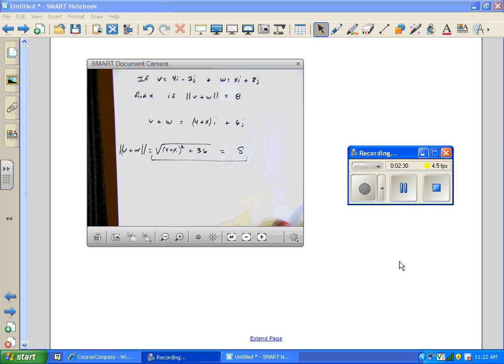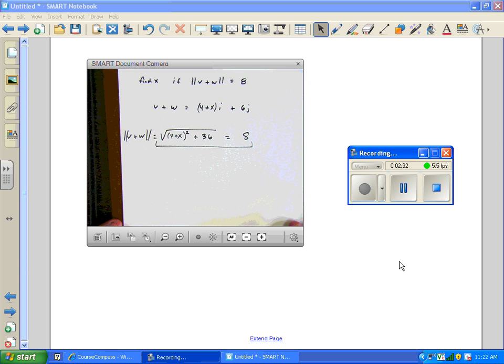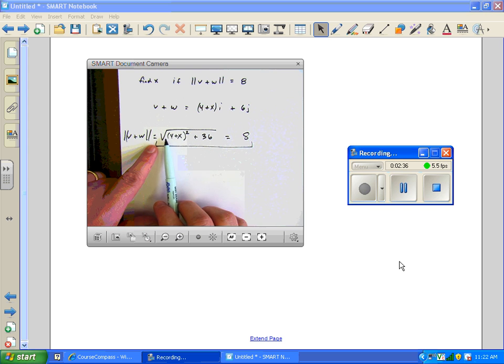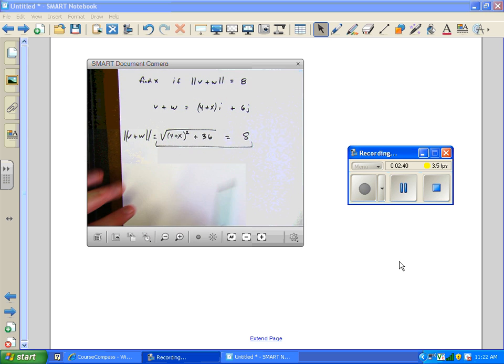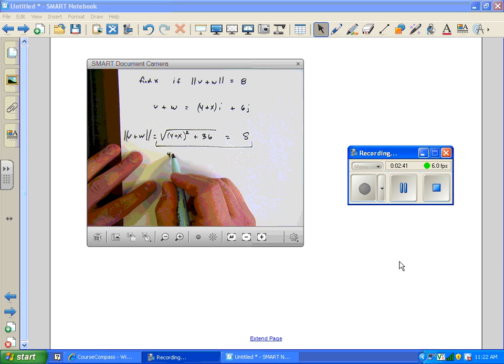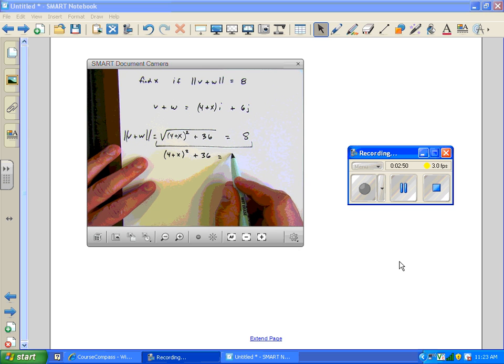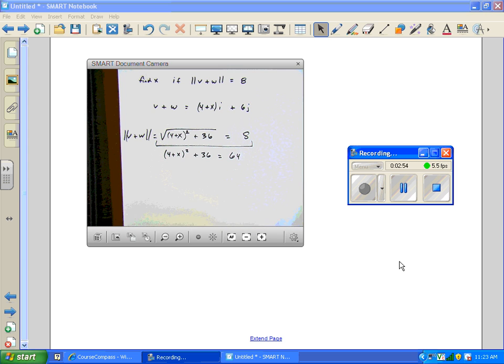Now let's see if you guys can help me figure out how to solve it. It's a square root. How could we get rid of the square root? Yeah, square both sides. So we would get 4 plus x quantity squared plus 36 equals 64. Now you notice it's going to be a quadratic because it's going to square this one.